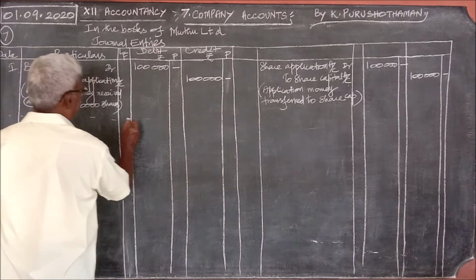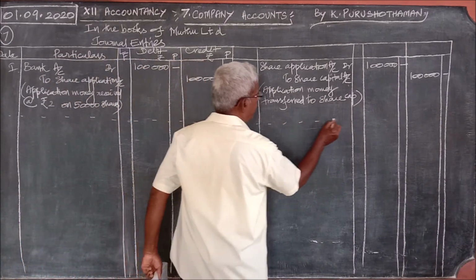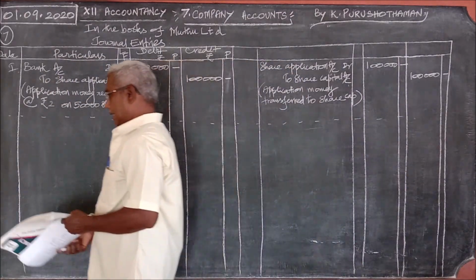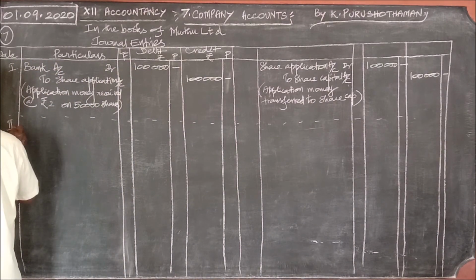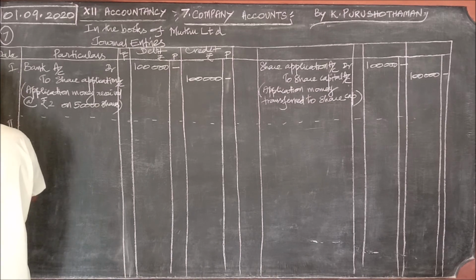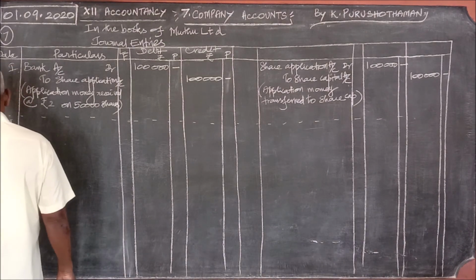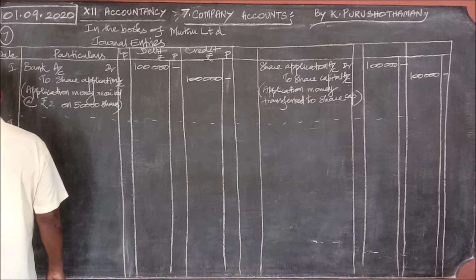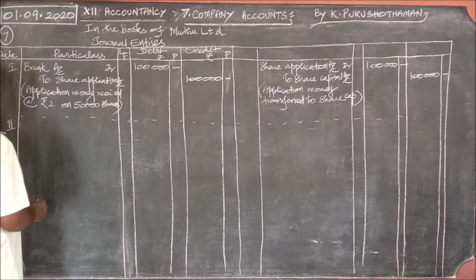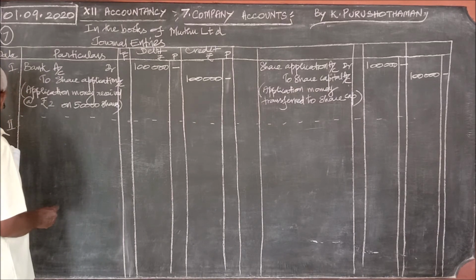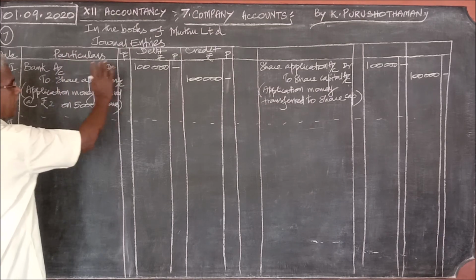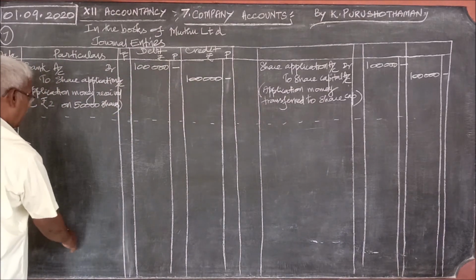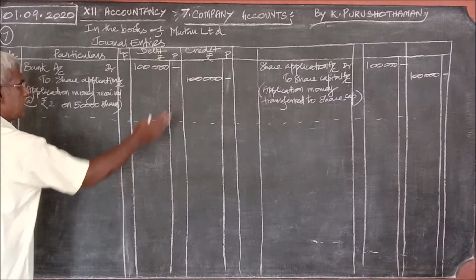What should be for the second stage? We have seen all these journal entries already. Second stage, allotment stage, 4 on allotment. I told you many times in all these 6 problems, from the second stage onwards the journal entry is the same.